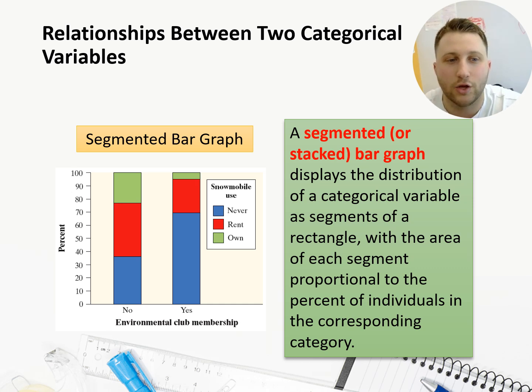And so again, you can see side by side again what the relationship between never renting and owning a snowmobile is for people who are and are not members of an environmental organization. And again, it's really a personal preference which of these two graphs people like to use, but on the AP exam you can expect to see both.